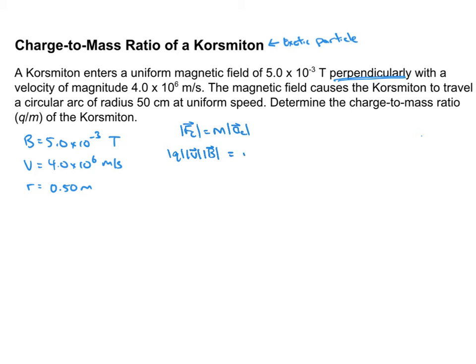Okay, so that's going to equal M times V squared over R. Because it's going in uniform circular motion, the acceleration is V squared over R.